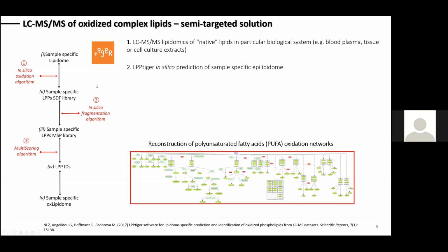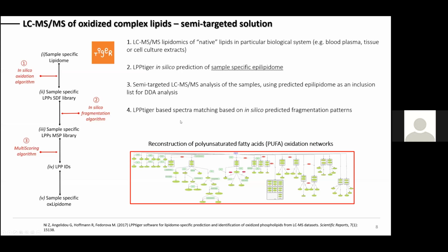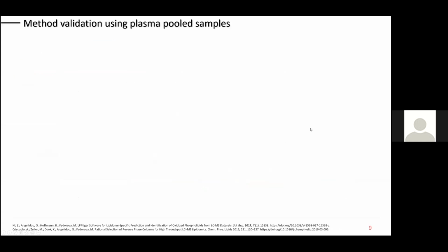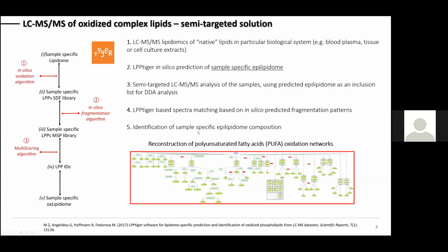So LPP Tiger will build us the sample-specific epilipidome, and we will use it in semi-targeted LC-MS/MS analysis, using these predicted precursors as an inclusion list for data-dependent acquisitions. Then we can use LPP Tiger again or manual identification to confirm our lipids, and that will allow us to identify the sample-specific epilipidome composition.